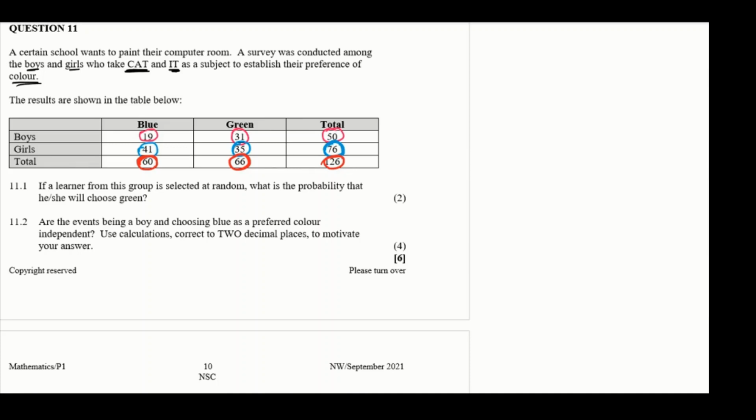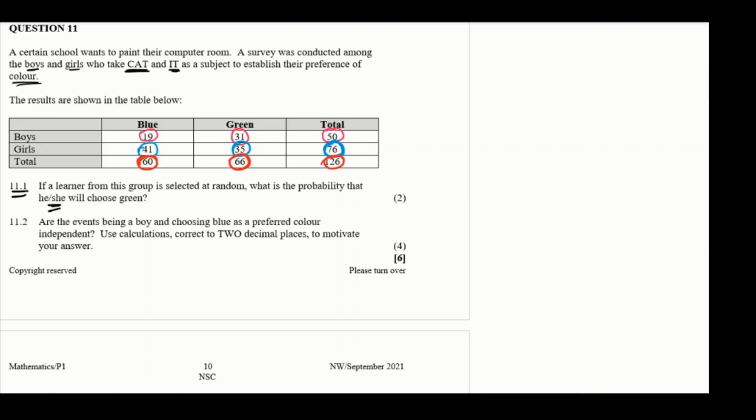Fine. So 11.1 says that if a learner from this group is selected at random, what is the probability that he or she will choose green? So we need to include both boys and girls.